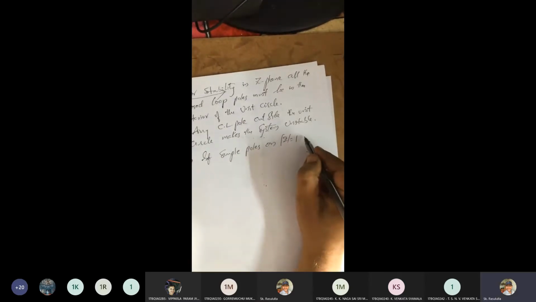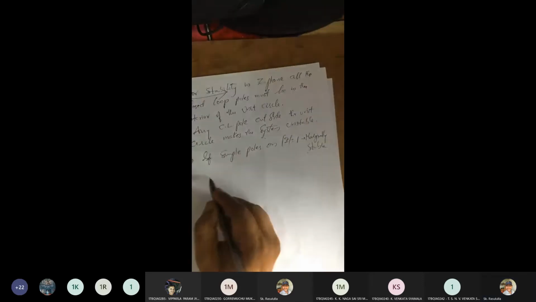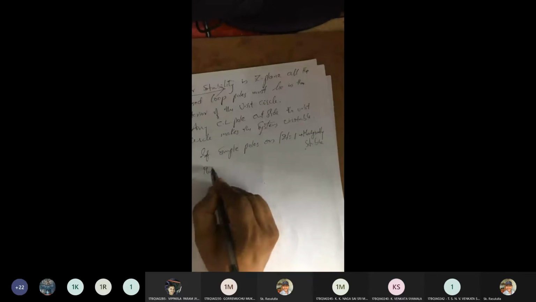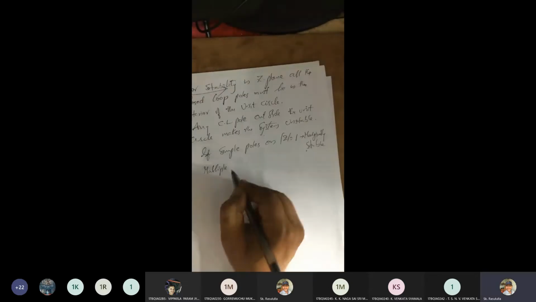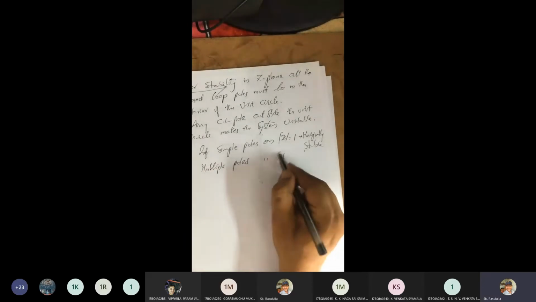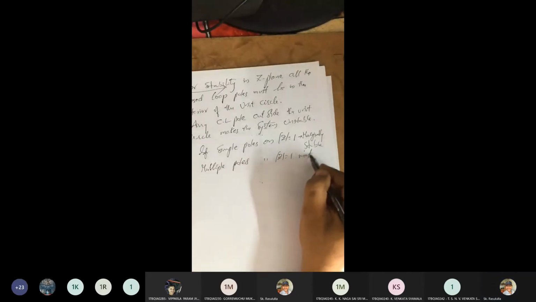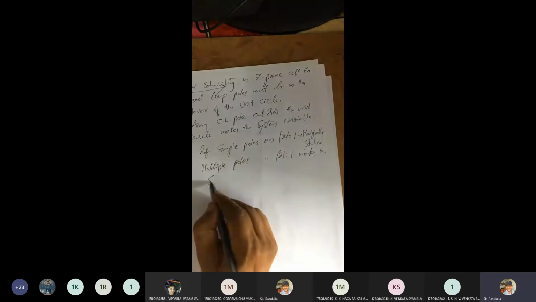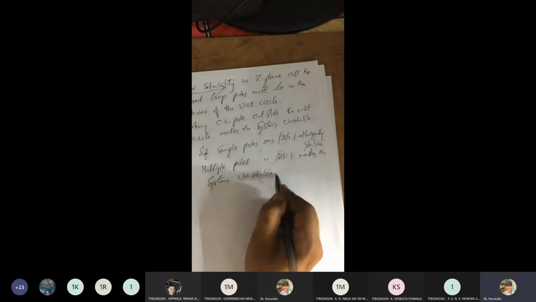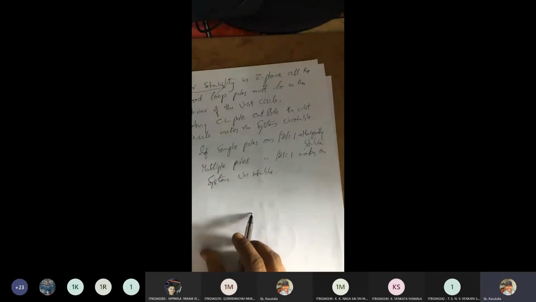If simple pole on z is equal to 1, it is marginally stable. మార్జినల్లీ స్టేబుల్. అదే మల్టిపుల్ పోల్స్ ఉంటే, multiple poles on z is equal to 1 makes the system unstable.